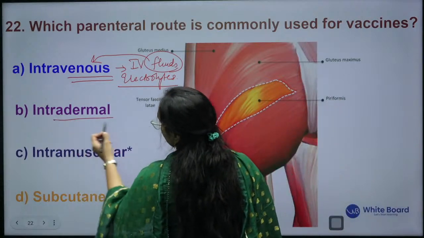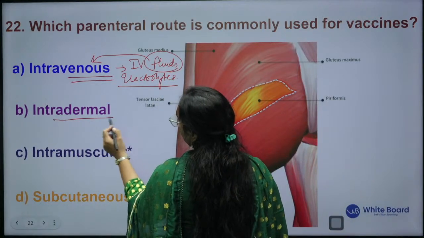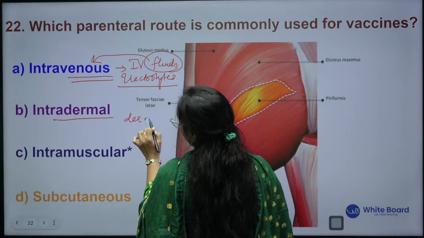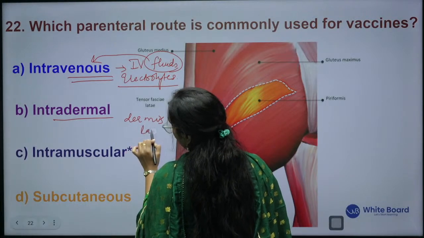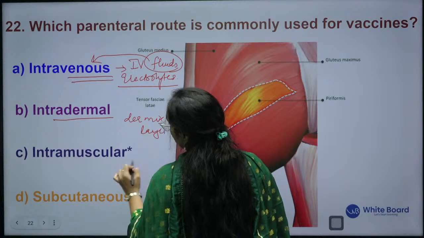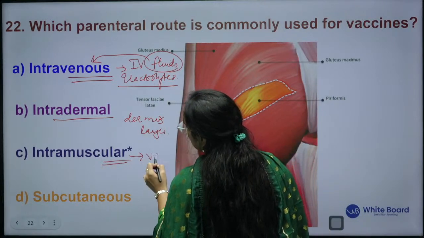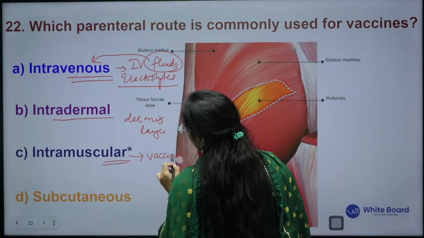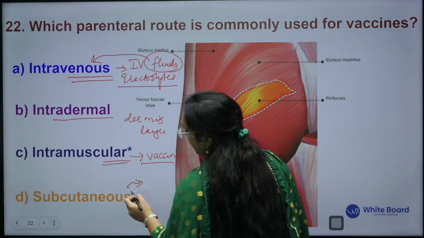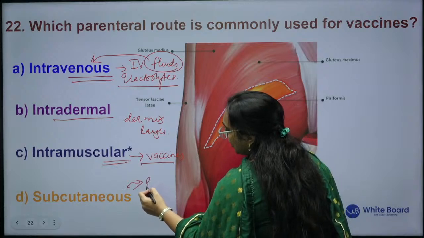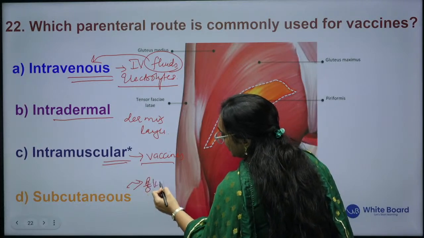Intradermal is giving injection through the dermis layers. Intramuscular is used for giving vaccines. Subcutaneous is for skin layers.